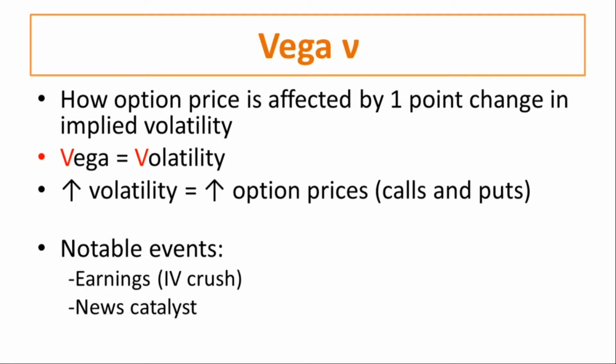Vega represents how the option price may be affected by a 1 point change in its implied volatility. So, a way to remember this, Vega starts with V, and V for volatility, or how volatility will impact the option price. For all options, if volatility increases, then all option prices will gain in value, whether it's calls or puts.